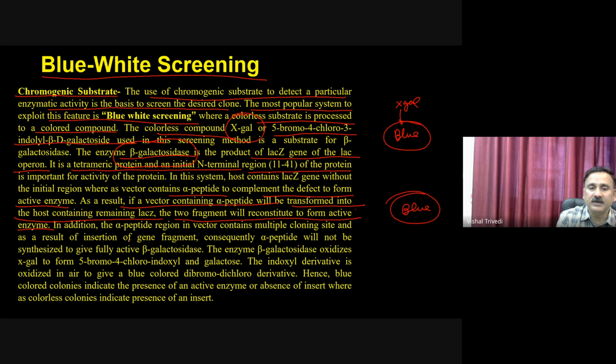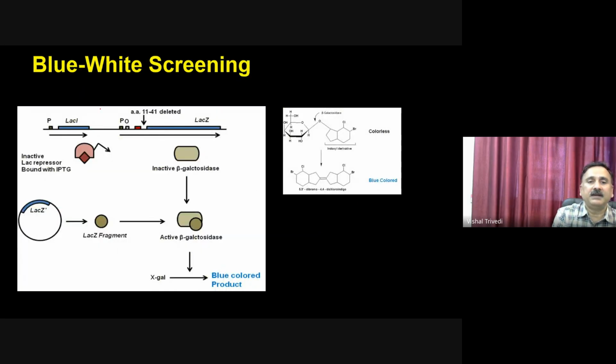And when you insert a gene, you are going to destroy the alpha peptide, and as a result, the complementation will not be possible, and it is going to give you the white colony. So this is what exactly happens. In a normal plasmid, you have the beta galactosidase, and this portion is deleted and placed onto a vector.